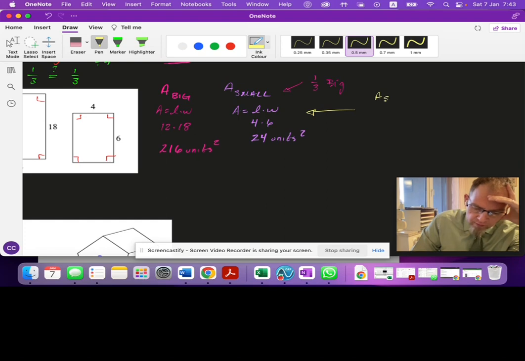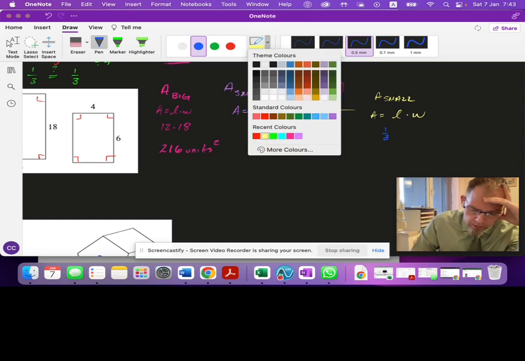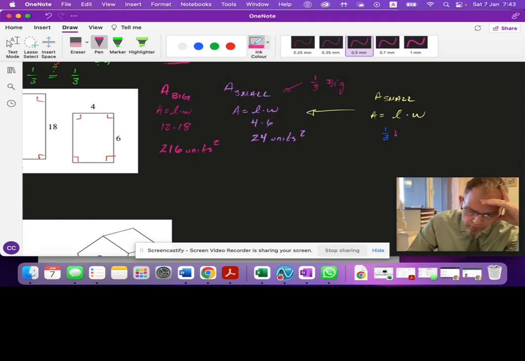The area of the small, area is length times width, but I could replace the length with 1/3 of the big one, which is 12, times 1/3 of the big one again, which is 18.